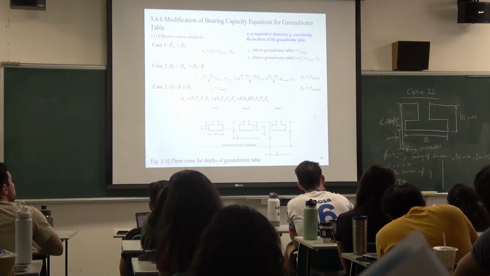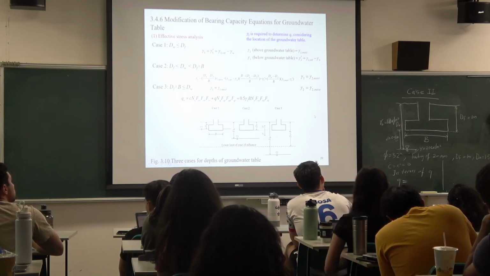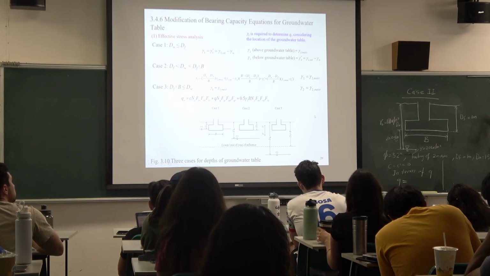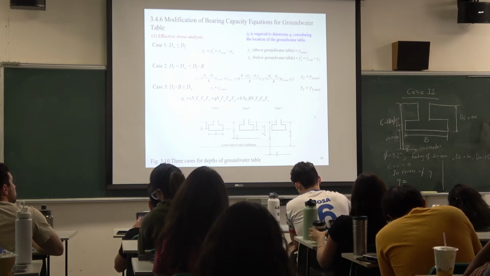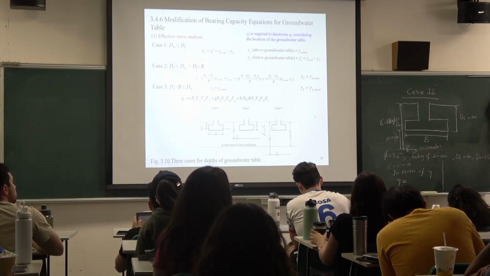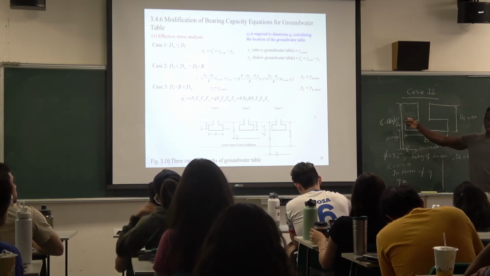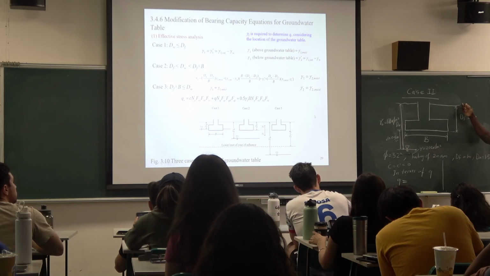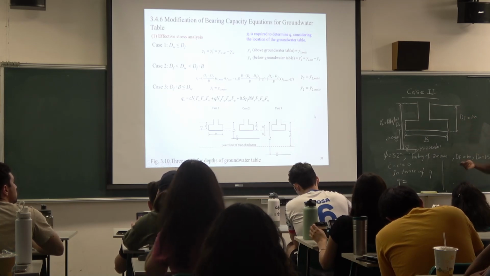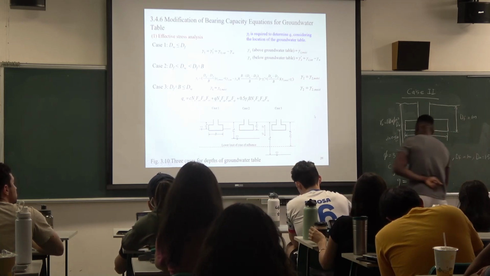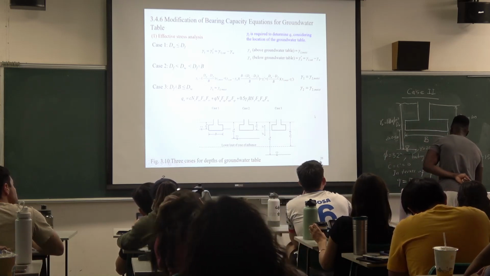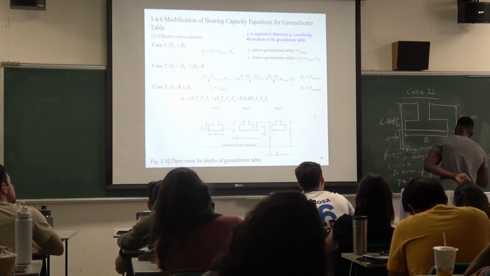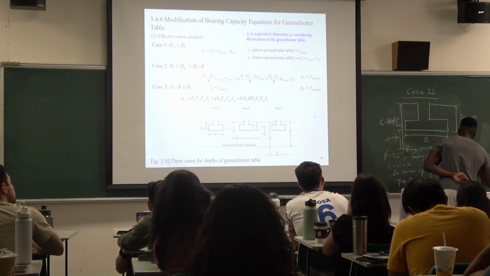Okay, so if we are going to calculate in terms of Q, that is the surcharge at this base, right? So the Q will be just this 18 times 1, right? So we just have 18, the same. And then we want to find in terms of gamma.